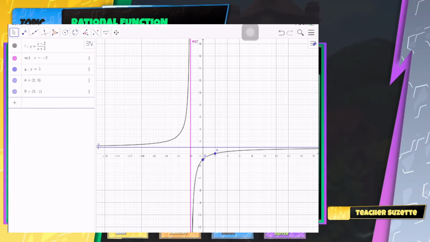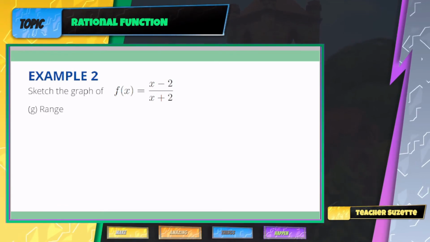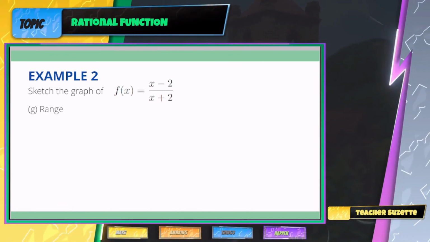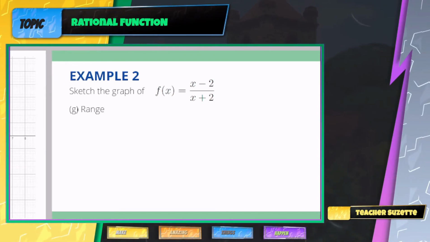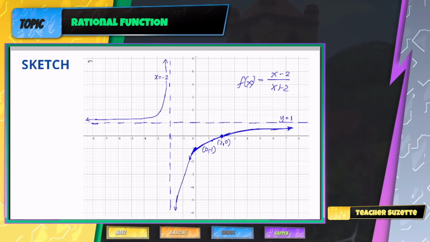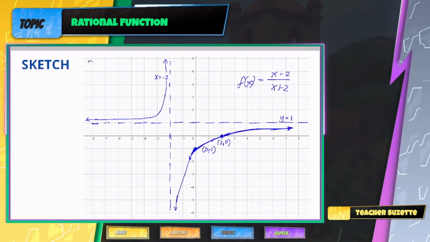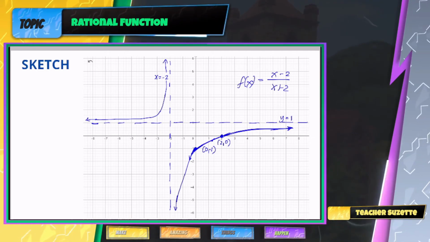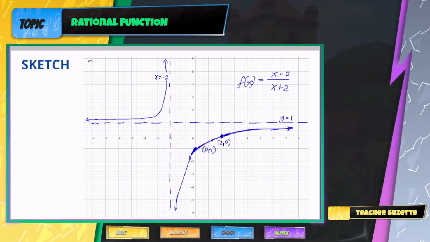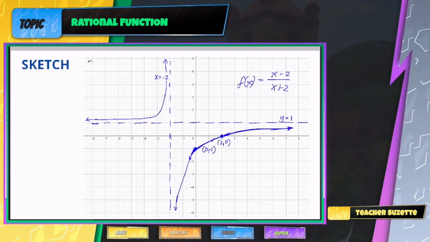So, that's it when you sketch the graph or when you check it in GeoGebra. Now, let's solve for our range. f of x is equal to x minus 2 over x plus 2. To solve the range faster, you can base it on the sketch of your graph. Obviously, in your graph, as x increases, approaching positive infinity, it will just get closer to a specific line, which is y is equal to 1.